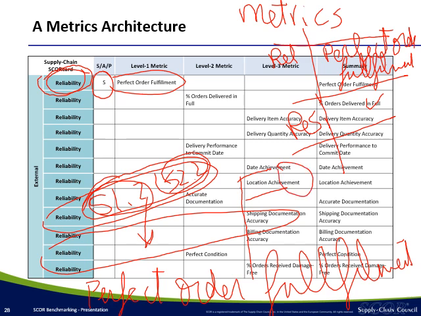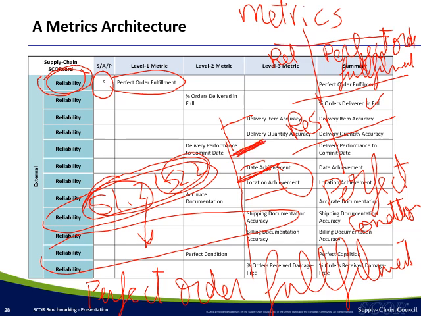You'll find that it's divided into 4 things: perfect conditions, accurate documentation, delivery performance to commit date, and number of orders delivered in full.